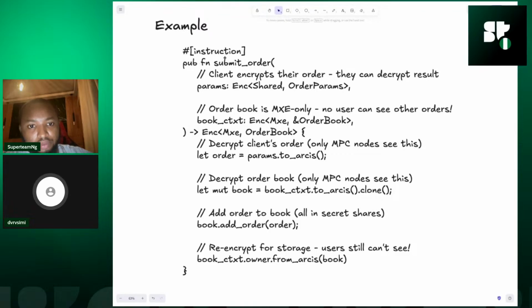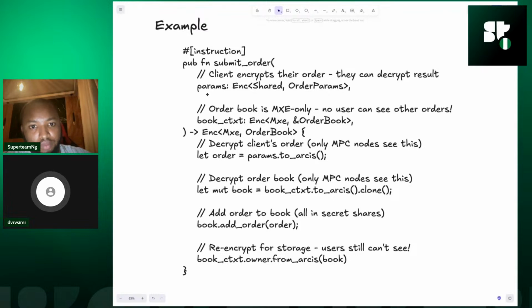But the order book, look at this now. This is a function to submit an order to, say, a swap platform. The order book is MXC only, so no other user can see the orders. This order book here, this book context, is MXC. Every other user can submit their own parameters.